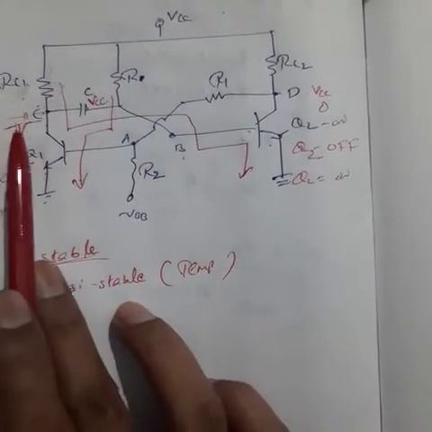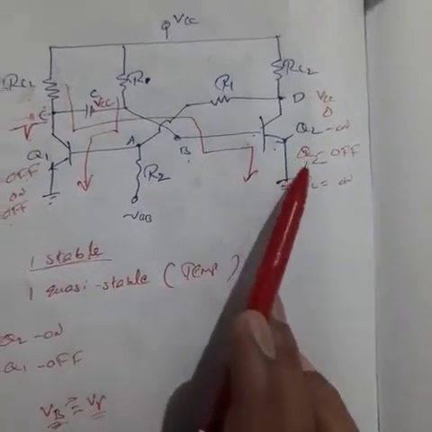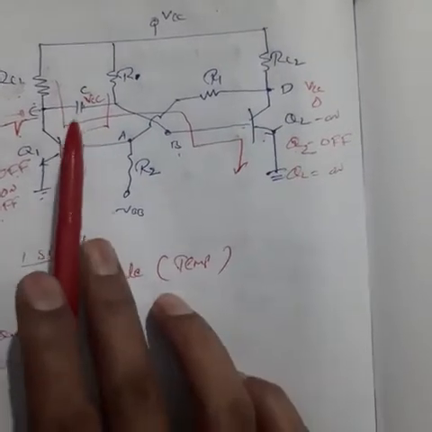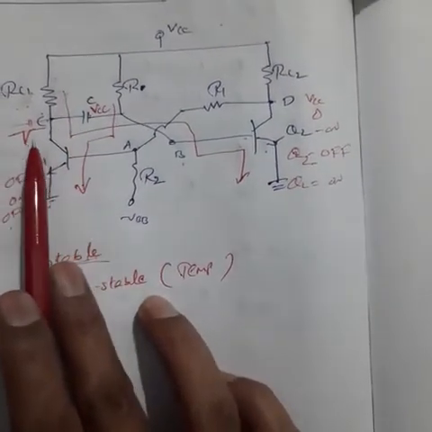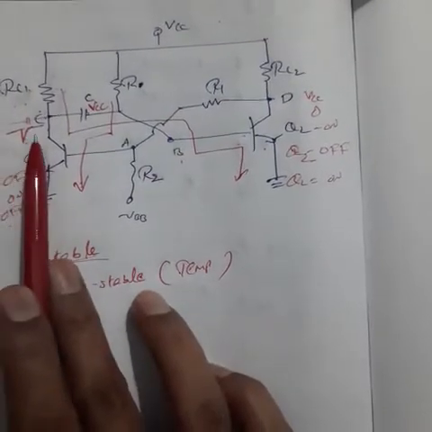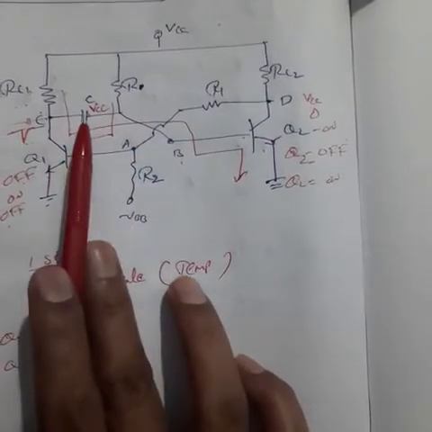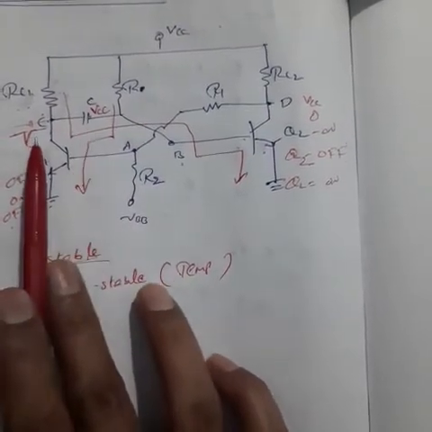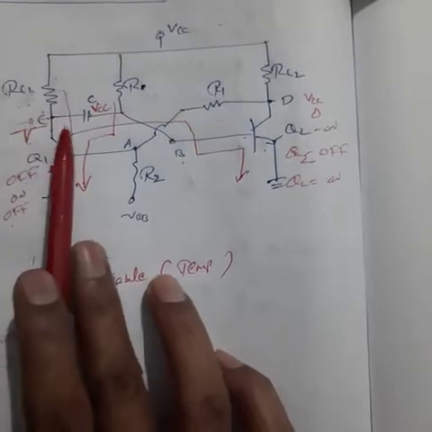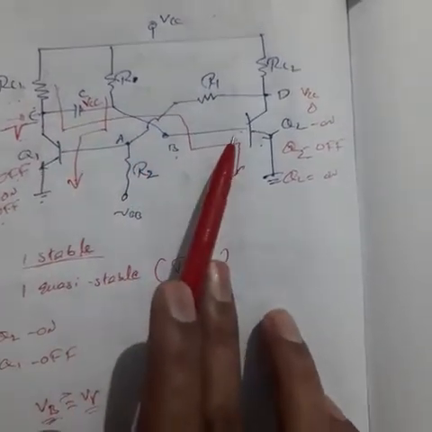When a negative trigger pulse is applied at the output of Q1, transistor Q2 becomes off. Why? Because a capacitor does not allow sudden changes in voltage; it passes sudden voltage changes. That means this negative triggering pulse will simply be passed. It acts as a short circuit for this negative trigger pulse and passes it to transistor Q2.